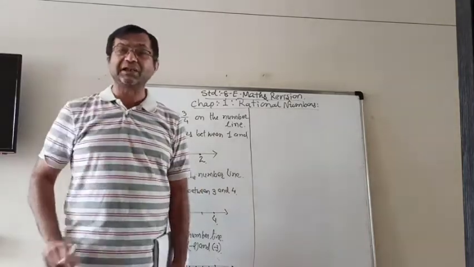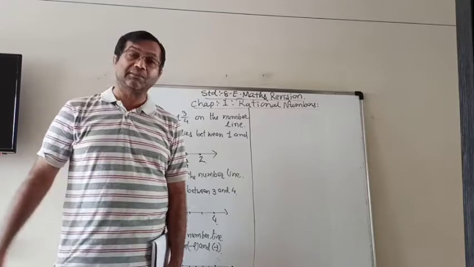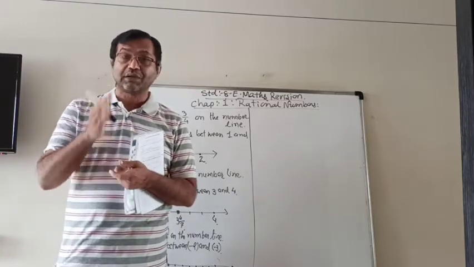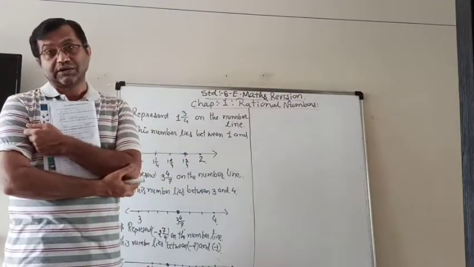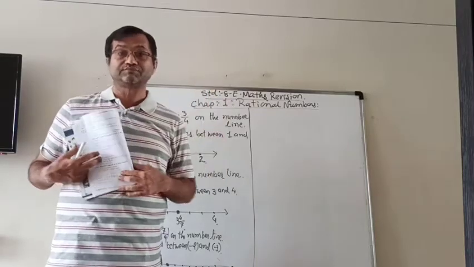So if it's a single number, only one number we have to put on the number line. Then check whether it is a proper fraction or improper fraction. If it is a proper fraction, it always lies between 0 and 1.